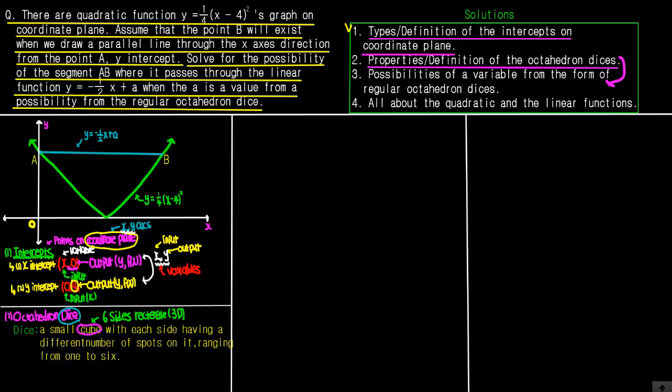So it's a 6-sided rectangle, which we call a cube, and all 6 sides should be equal in size. Each side has a different number of spots on it, ranging from 1 to 6. That means it always starts from 1 and goes to 6.